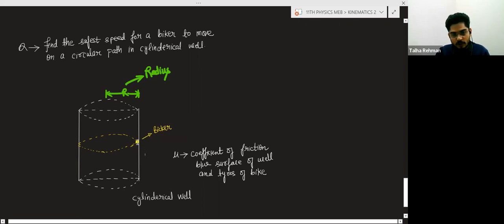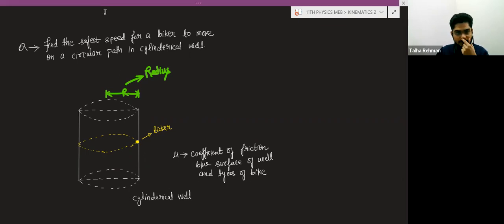Due to the weight of this biker, the weight acts in the downward direction, so the biker has a tendency to move downward. And mu is given, the coefficient of friction between the surface of the well and the tires of the bike.